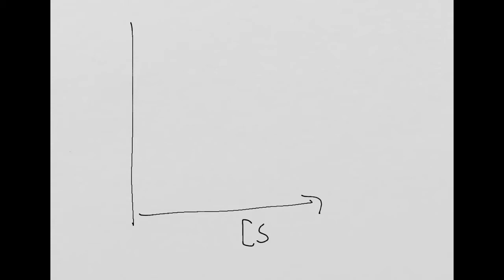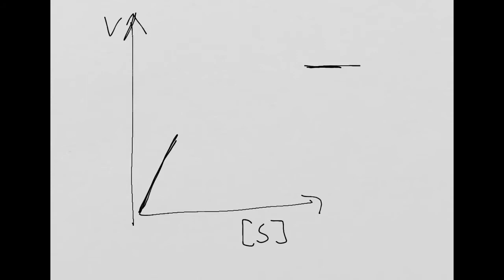Let's have a look again at our Michaelis Menten plot, S versus V. We said if S is high, we have a zero order. It's horizontal. If S is very low, we have a first order.